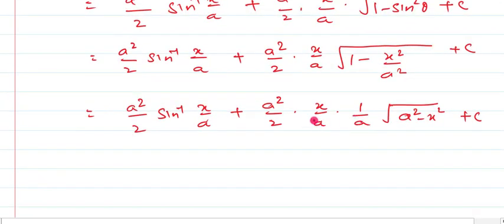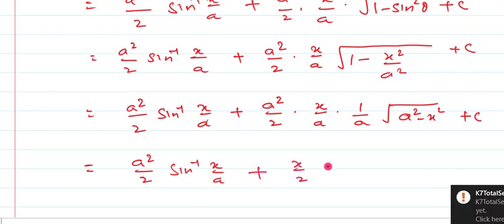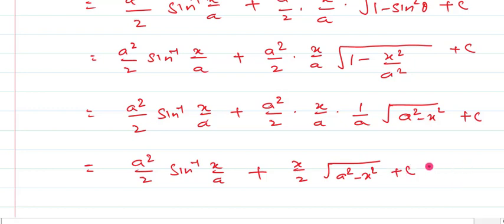So these 2a get cancelled, and the result that is left with us is the same as we have written above: a square upon 2 sine inverse x upon a plus x upon 2 square root of a square minus x square, plus c. So I hope you understood how to prove these results either by using by parts or by using the substitution method. Now let me take you to the other two standard results.